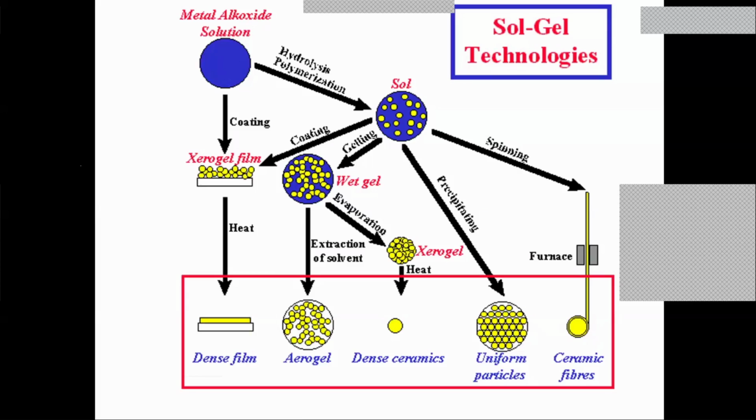Right, so we'll be starting with this point, metal alkoxide solution. Now, what is this? Say for example, I have bulk materials named A and B. Okay, I have two bulk materials, A and B, right?